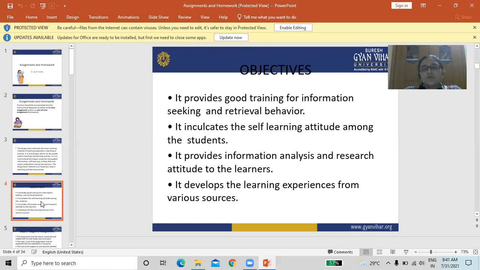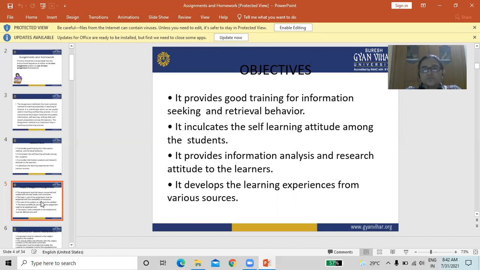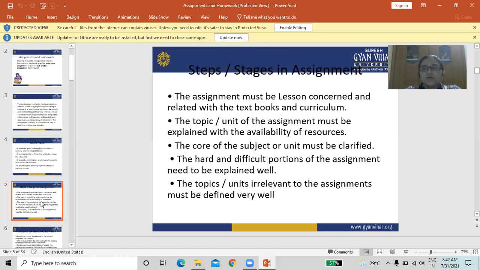So it develops the information analysis and search attitude of the learner. It develops learning experiences from various sources. These are the learning objectives of assignment and homework.